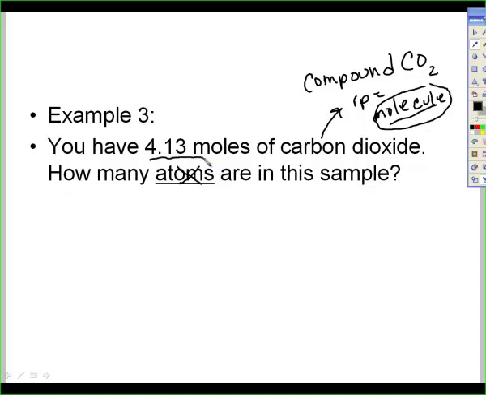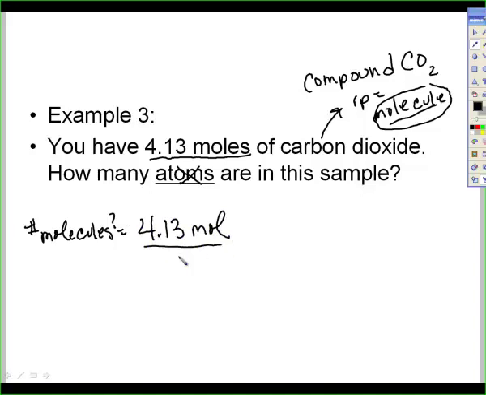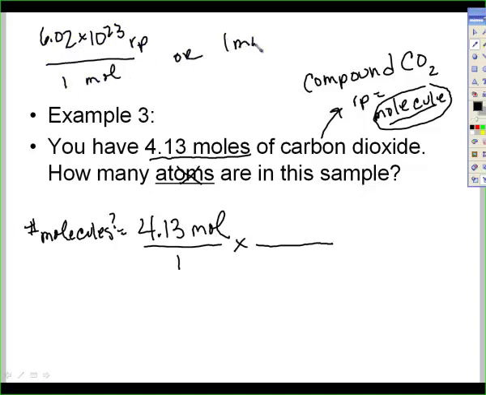So we've got 4.13 moles, and we want to know how many molecules. I'm going to put that over 1 just to keep my top and bottom straight. And remember my conversion factors. I've got this one, or I can switch those around.